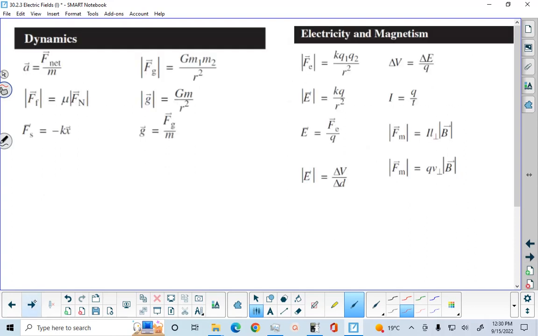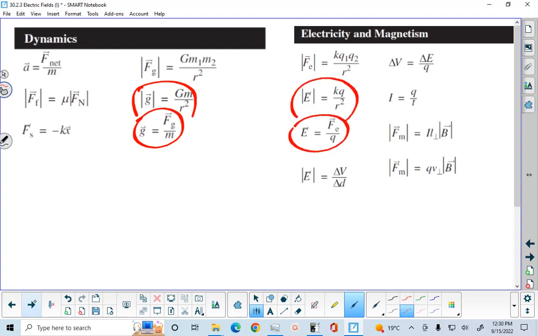When you look at your formula sheet, I just want to go through these quickly with you here. Here are your gravitational field formulas, and here are your electric field formulas. Again, I believe it's better to write this formula with absolute value signs.